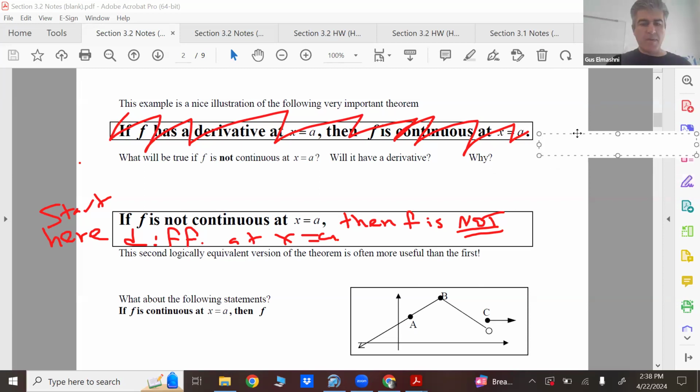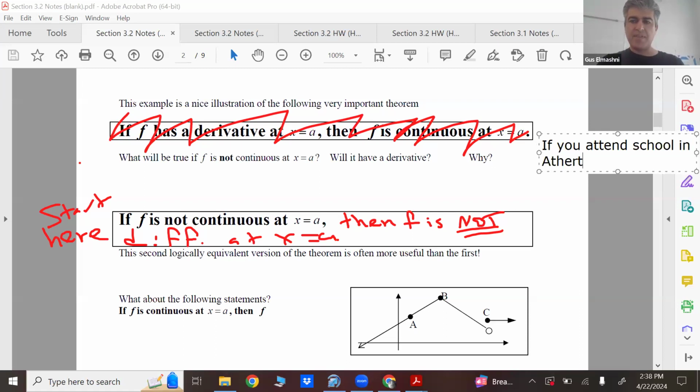Very, very important. If you attend school in Atherton, then you attend a California school. Is that true? Yeah.